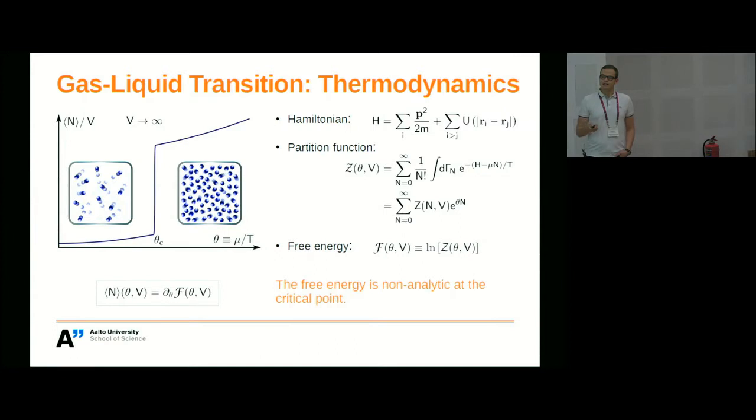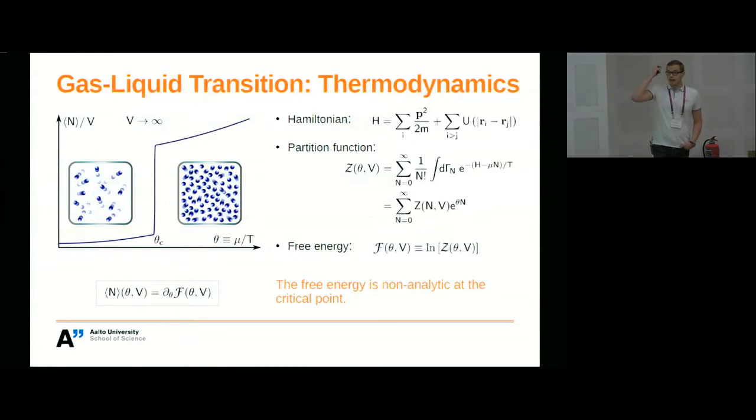And what you see is, of course, as we increase theta, that means we cool the system, essentially we decrease the temperature, the density increases slightly until we reach a certain critical value, then we observe a jump in the density. That's the point where the transition to a liquid happens, and then the density continues to increase in a smooth way. So that's, of course, the phenomenology of this phenomenon.